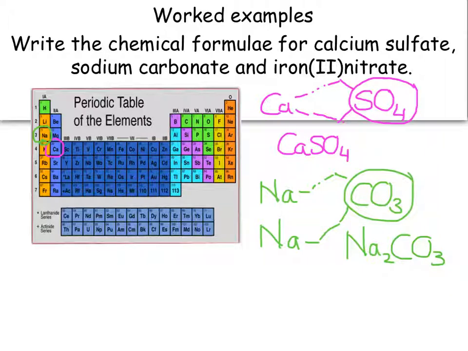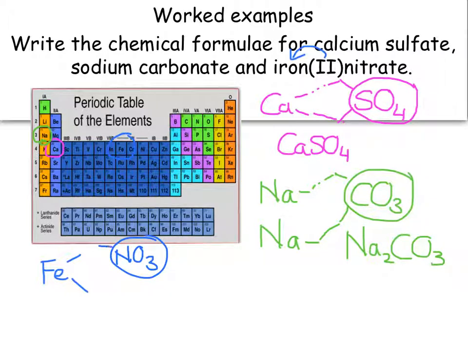The next one is iron nitrate. Iron is Fe, and it is over here in the transitions, which means I don't know its valency, but they've given me the valency with the stock notation and told me it has 2 arms. And then you've got nitrate, and nitrate is NO3 with 1 arm.